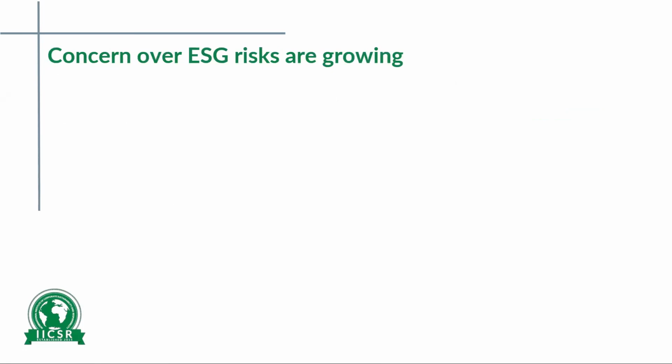Can you tell me the different ESG risks? Can someone speak out what the different ESG related risks are? It can be environmental, social, governance, or the overall categorization of risks also.